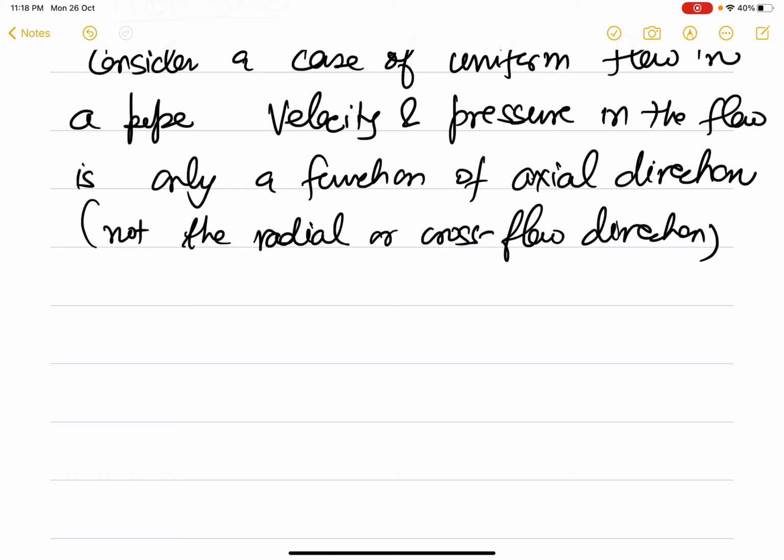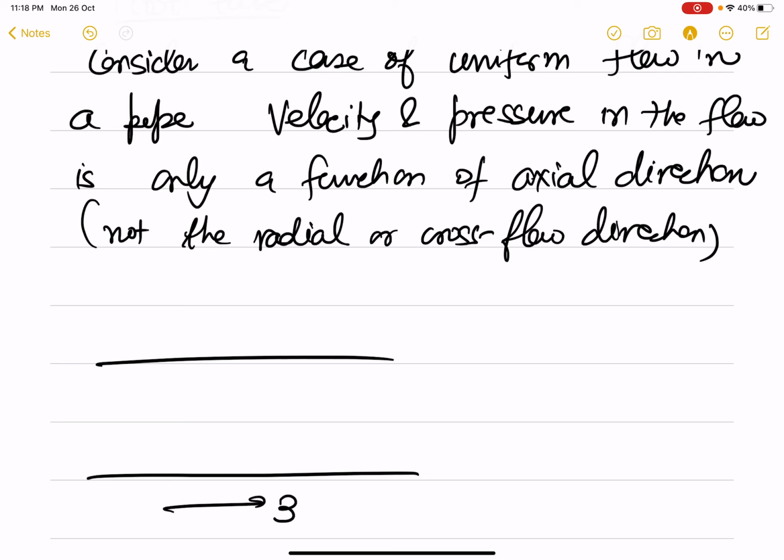So that means we have flow in a pipe like this. This is the axial direction Z, and we have Vz, which is only a function of Z, and pressure is also only a function of Z.